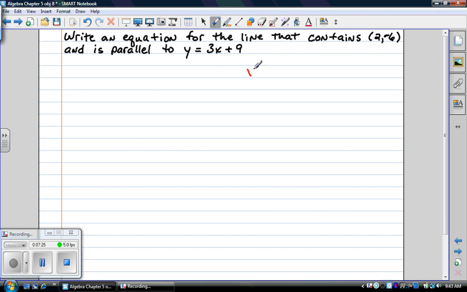So I use my y equals mx plus b form. I'm going to replace y with negative 6 and x with positive 2. So I'm going to rewrite this as negative 6 is equal to my slope, positive 3, times my x, which is 2, plus b, and I'm going to solve that equation for b. I get negative 6 is equal to 6 plus b.